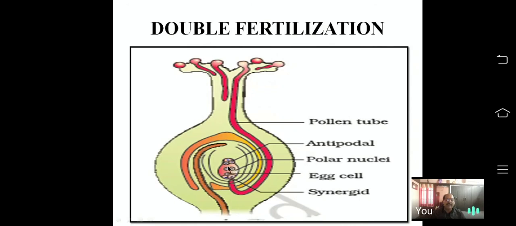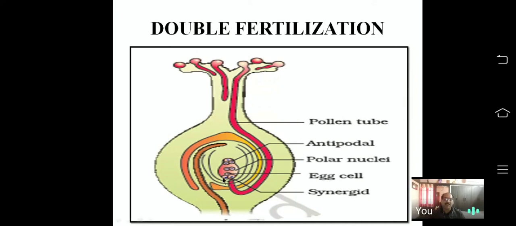So that is called triple fusion. Triple fusion means the fusion of 3 nuclei: 2 of the embryo sac, 1 of the sperm. Total 3 nuclei fused is called triple fusion. So it is generally called double fertilization and triple fusion.